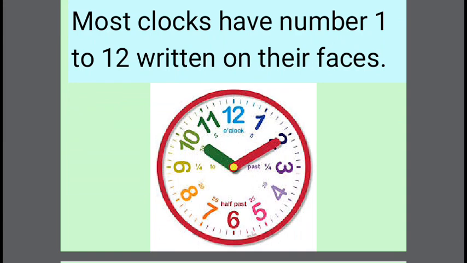Most clocks have numbers 1 to 12 written on their faces. You see 1, 2, 3, 4, 5, 6, 7, 8, 9, 10, 11, 12 written on their faces. This type of clock is known as the analog clock.